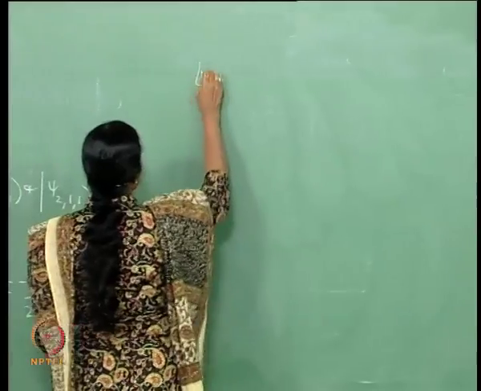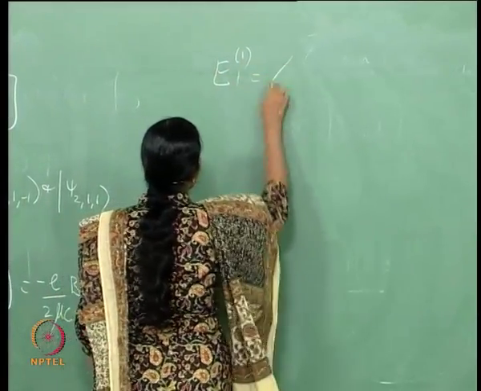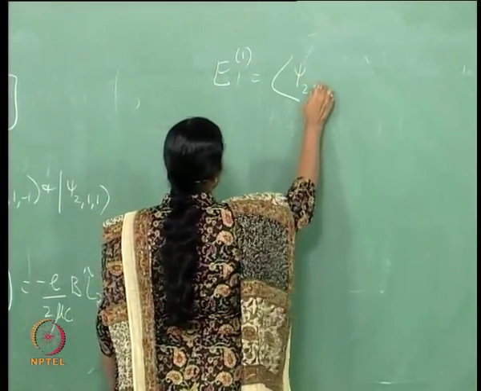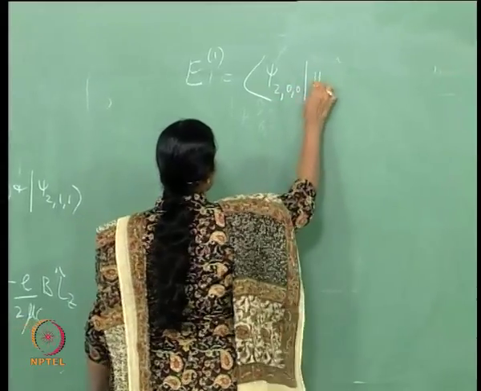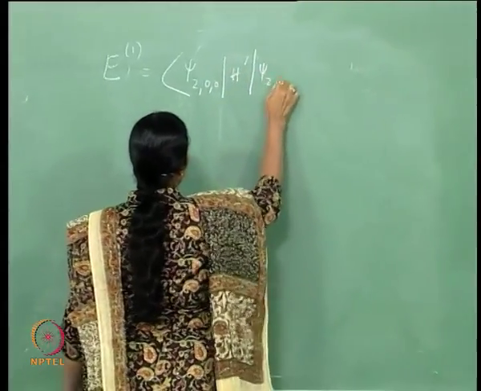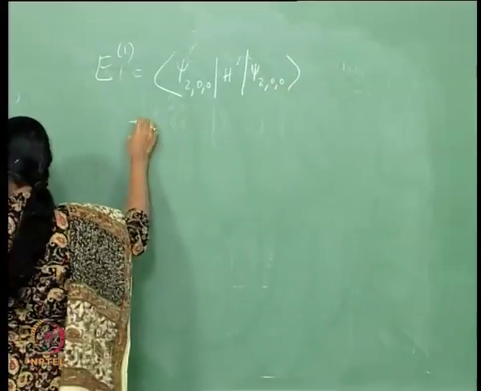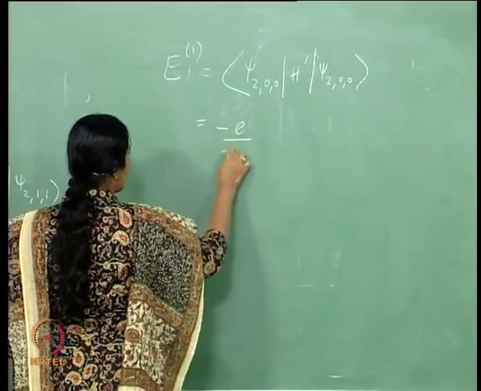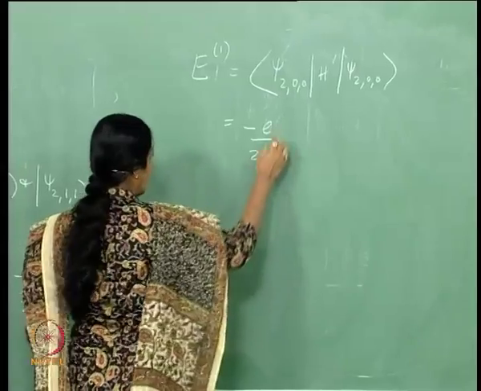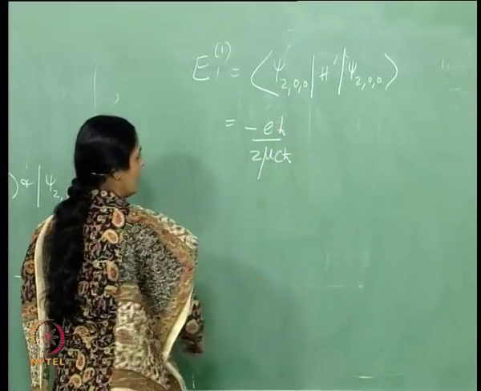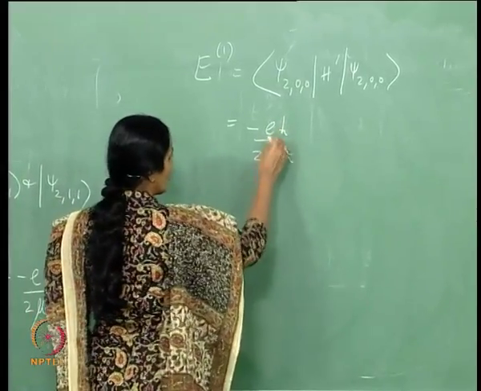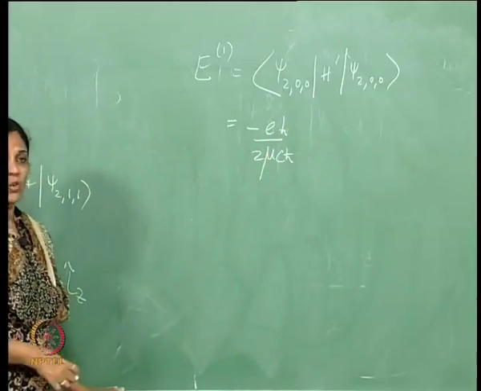So, E1, the first order contribution, in one case is psi 2 0 0 H prime psi 2 0 0, and what is that? That is minus e by 2 mu c. I can write an h cross and put an h cross there, because e h cross by 2 mu c is the Bohr magneton.